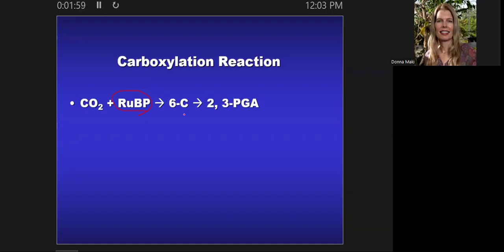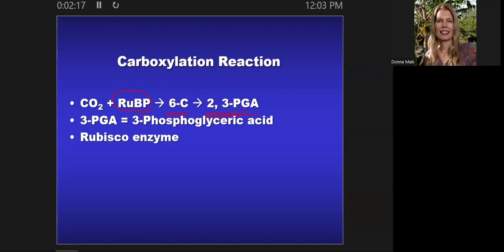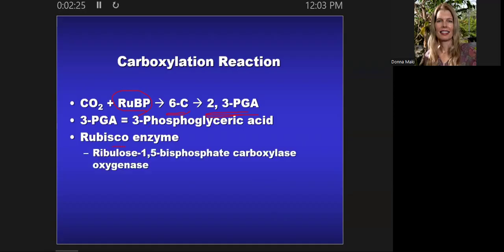And you have that really unstable molecule that you don't need to know the name of, but then you end up with 2 identical molecules of phosphoglyceric acid, or PGA. And in order to get carbon dioxide and RuBP to react with each other, you have to use the Rubisco enzyme for that step.